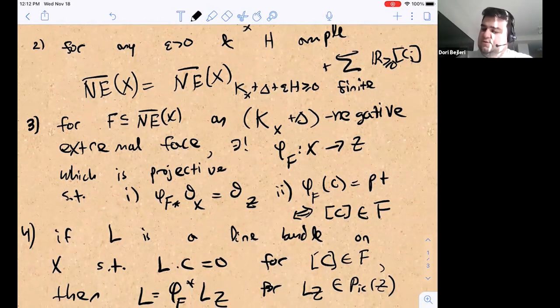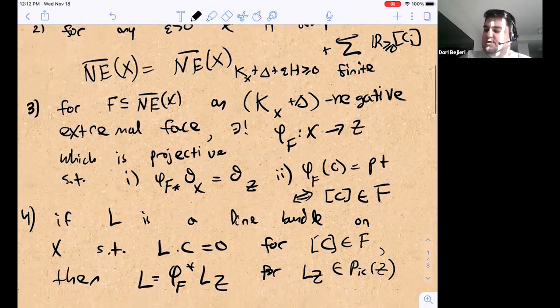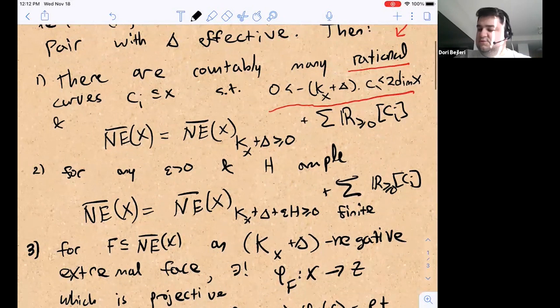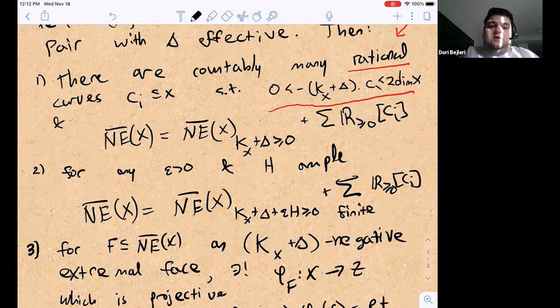What we need to do is show three, that there exist extremal contractions corresponding to these faces, and then we need to check that under these extremal contractions, any line bundle that looks like it's pulled back really is pulled back. And the point is that three is going to imply that these rays are really spanned by curves, because once we have this extremal contraction, then either the extremal contraction is the identity, and then our divisor was trivial, or the extremal contraction contracts some curves, and those curves will span our ray.